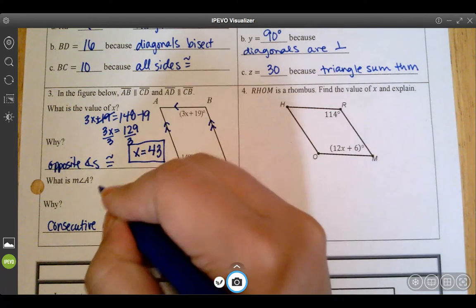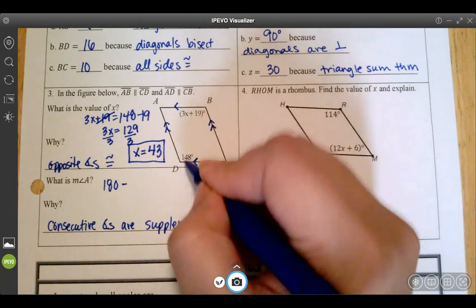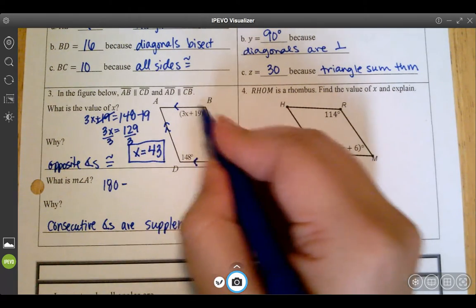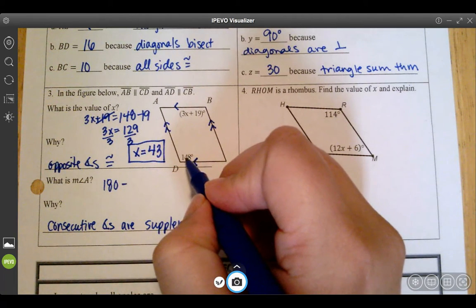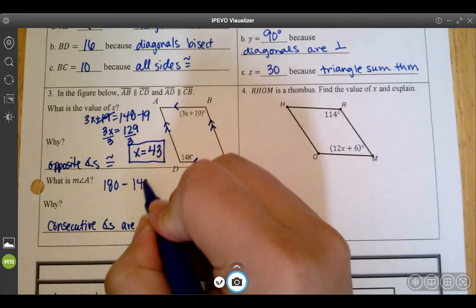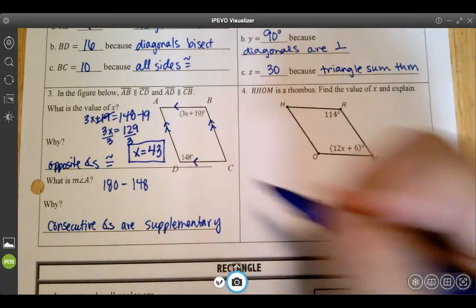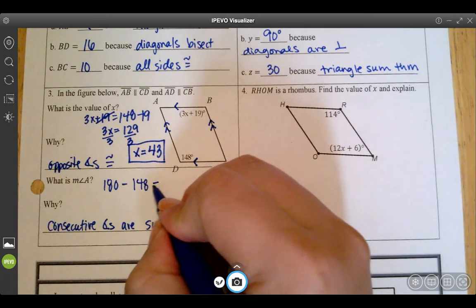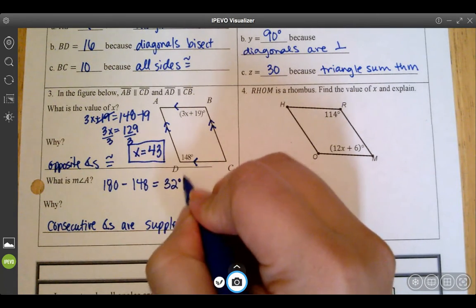And that means we take 180 minus angle B or D. Now angle B, I would have to substitute x back in, but it's also consecutive with angle D. So I can say minus 148. We knew angle B was 148 degrees because these are opposite angles. And so 180 minus 148 is 32 degrees.